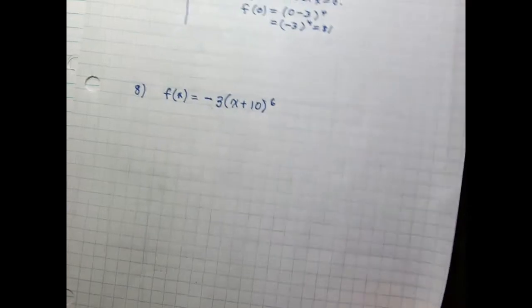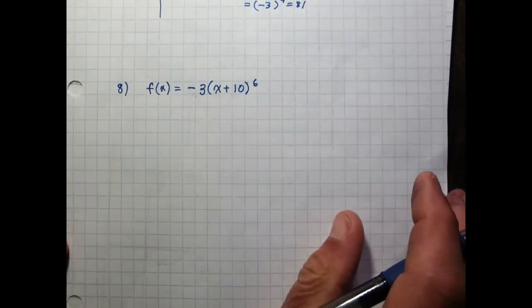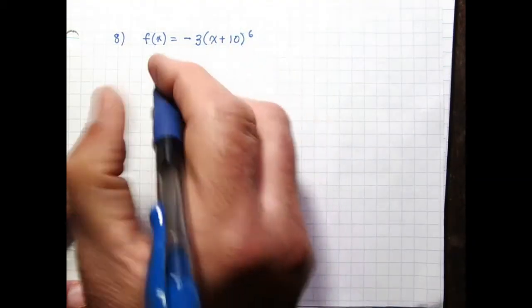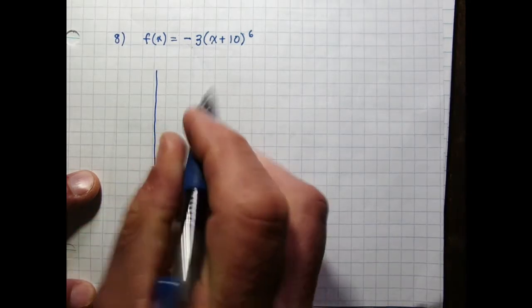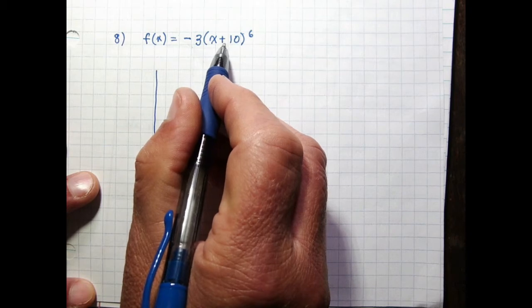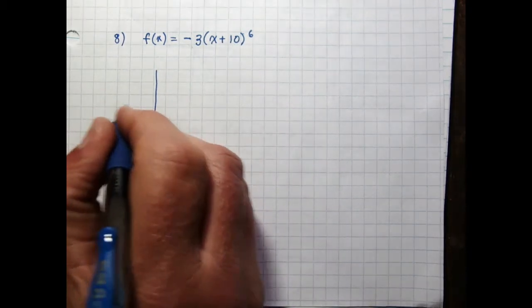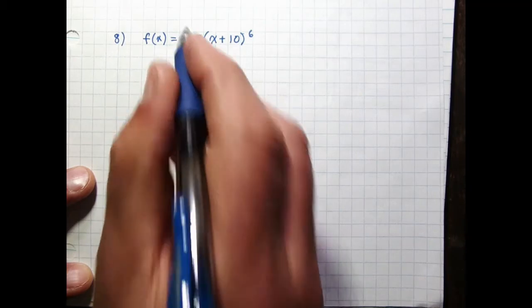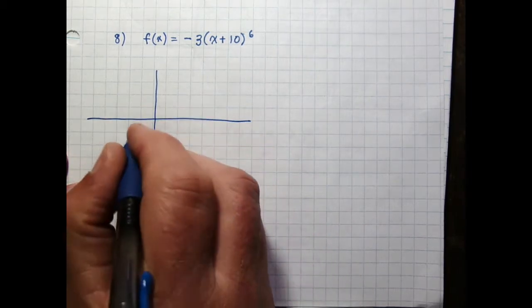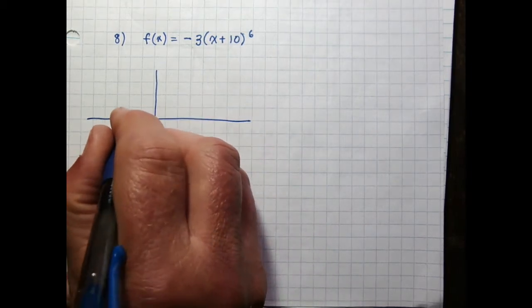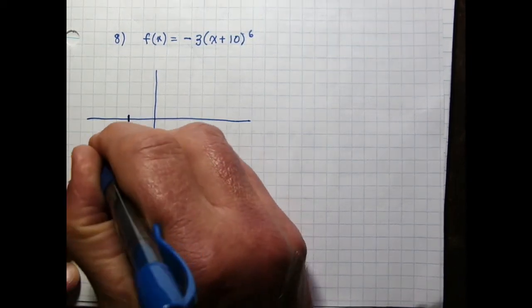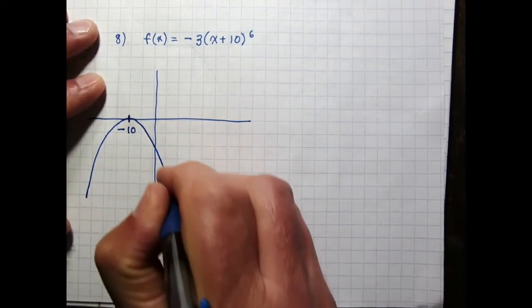And I think I got just one more of these for us to do together. Number 8. So it's another even power. I'm doing a horizontal shift, in this case to the left 10 units. And because of the minus sign, I have to reflect through the x-axis. So I'm shifting to -10, and I'm reflecting through the x-axis.